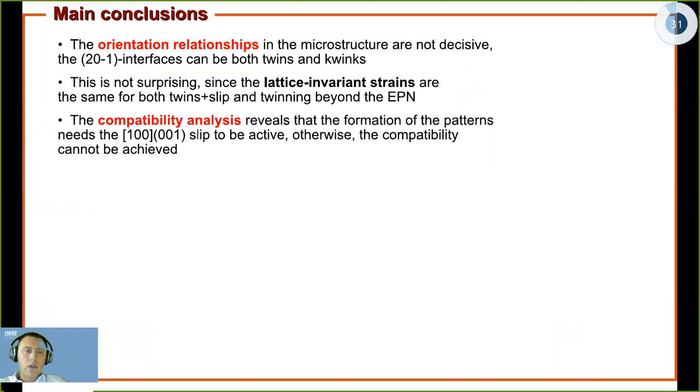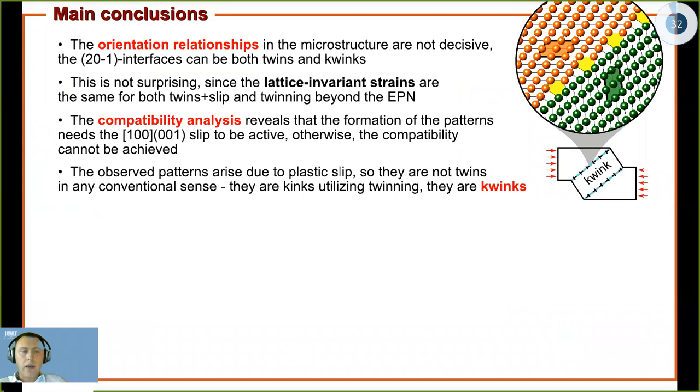And then we used continuum mechanics to analyze the compatibility in these microstructures, and we learned that there must be plastic slip active, and otherwise the compatibility cannot be achieved. So in fact, the observed patterns arise simply due to the plastic slip. They are consequences of the only one plastic slip in the B19 martensite, and they are in fact kinks utilizing the twinning, so we can call them kwinks.